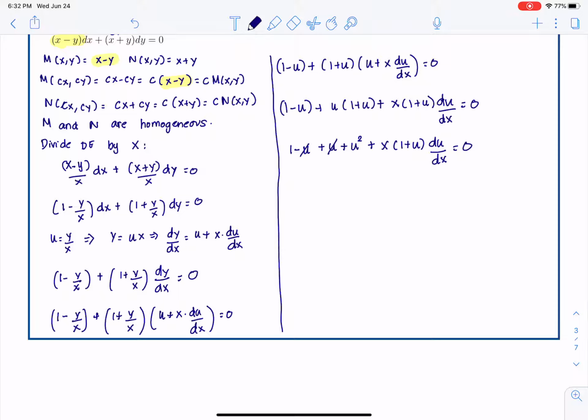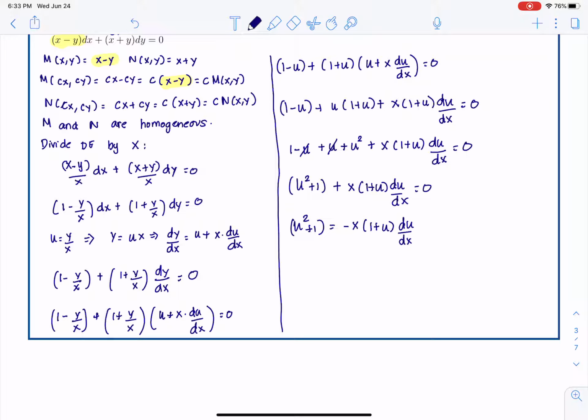The u's would get cancelled, so I will have u squared plus 1 plus x times (1 plus u) du over dx equal to 0. I'm going to move the second term to the right hand side, so minus x times (1 plus u) du over dx.